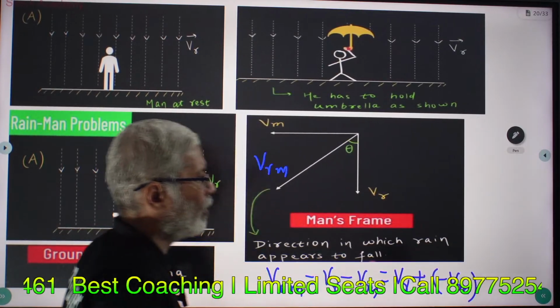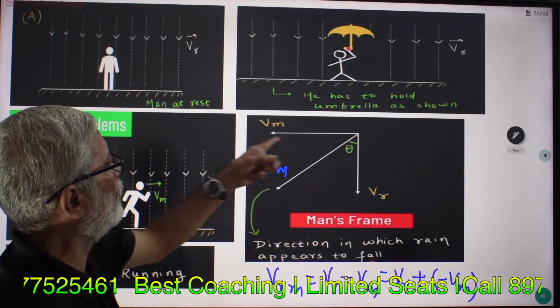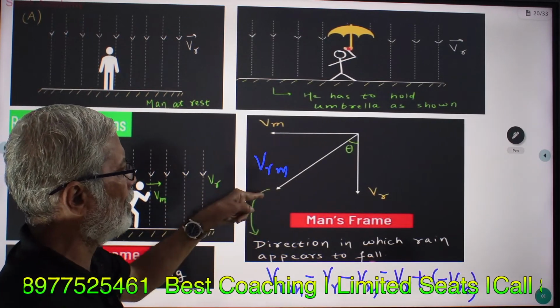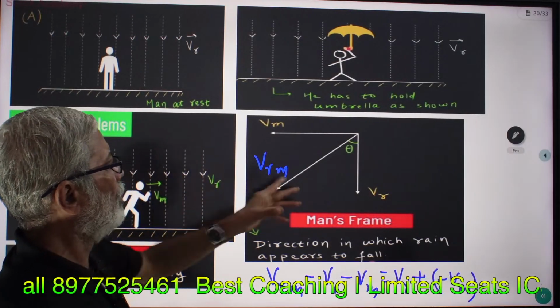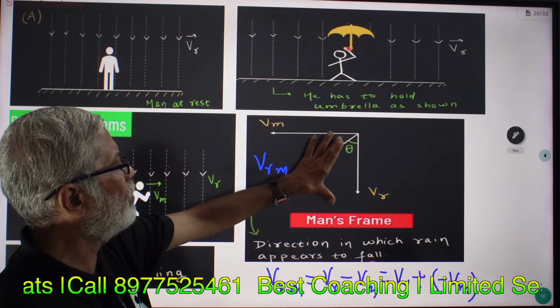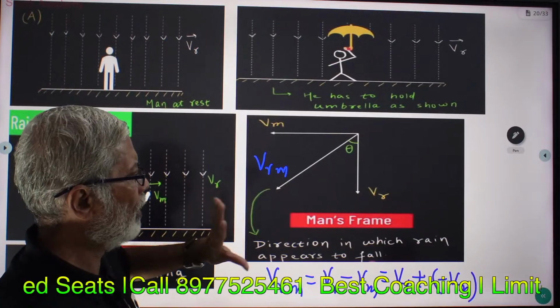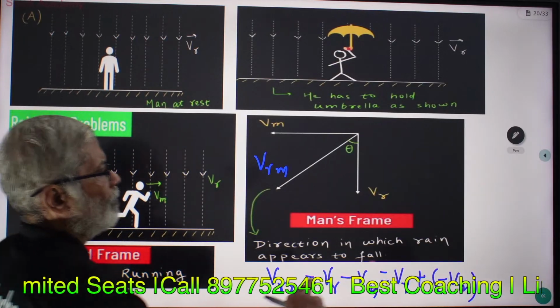This is actually the formula. So minus Vm is like this. So you write the vector like this. So this is the result. So you can find out tan theta. Tan theta will be equal to opposite by adjacent. So opposite is Vm by Vr. Are you following? All those things you can find out.